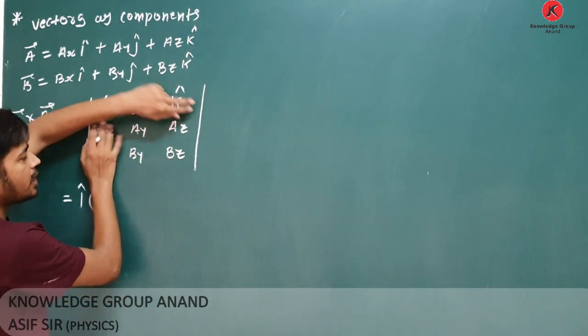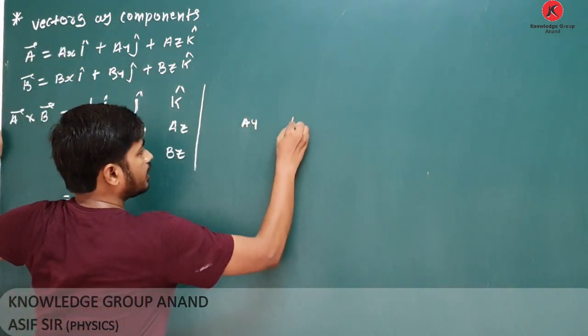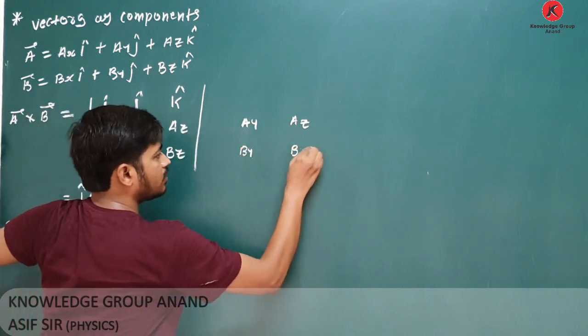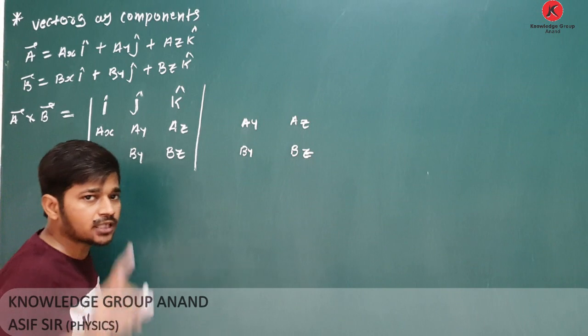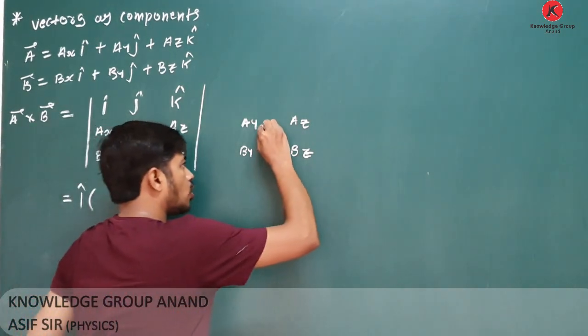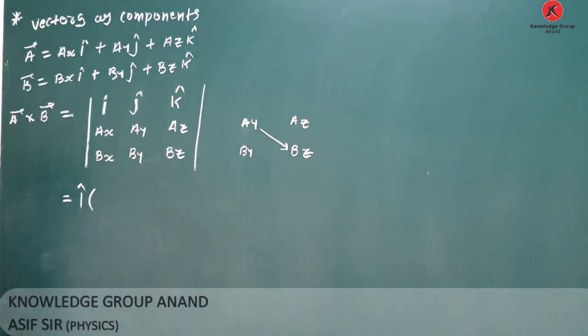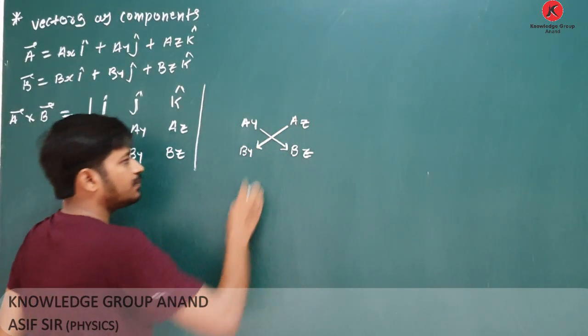Okay, I am writing this side. Here it is AY, AZ, BY and BZ. Only 4 elements will be left. Clear about this? Now you have to multiply them. Cross multiplication. First multiplication always in this direction like this, and second multiplication like this.